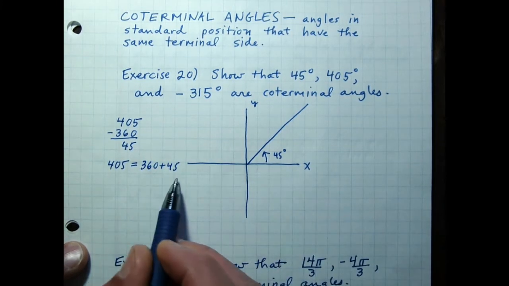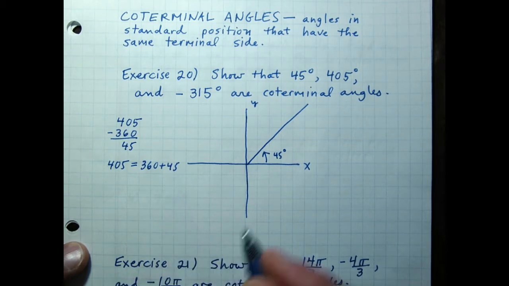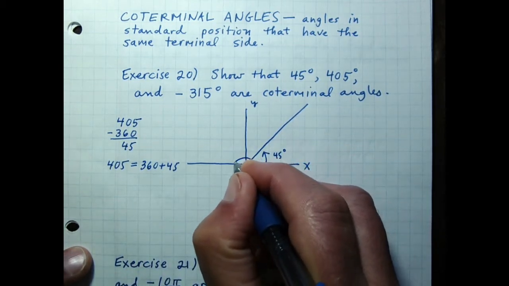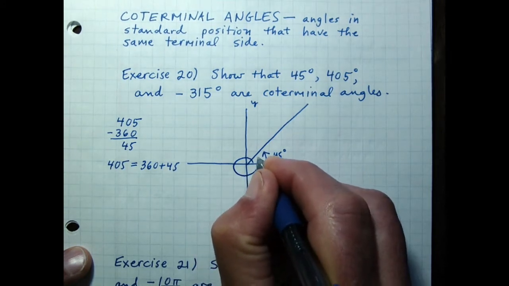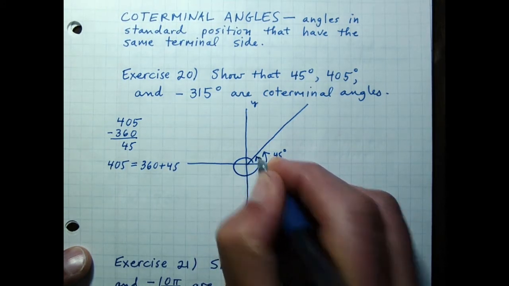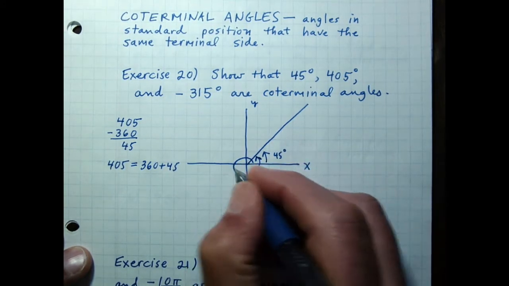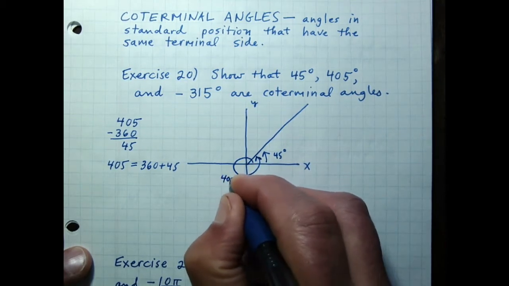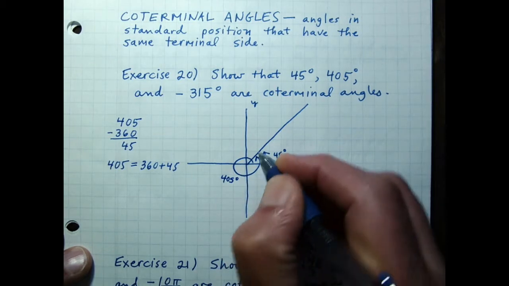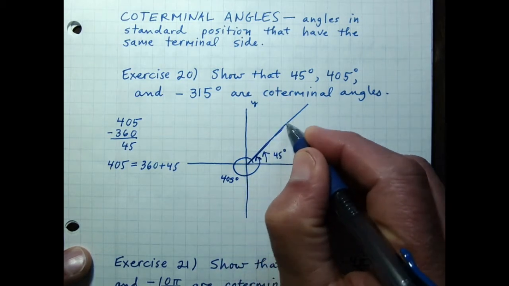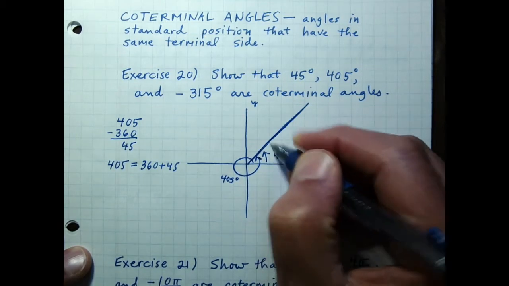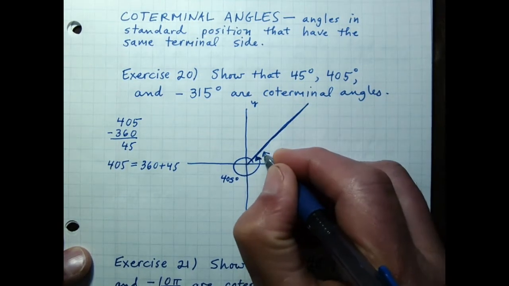And actually that shows me right there that if I go full circle and 45 degrees more, there's my 405 degrees. So see, it ends up with the same terminal side. It's a different angle from 45 degrees because we go around full circle and 45 degrees more.